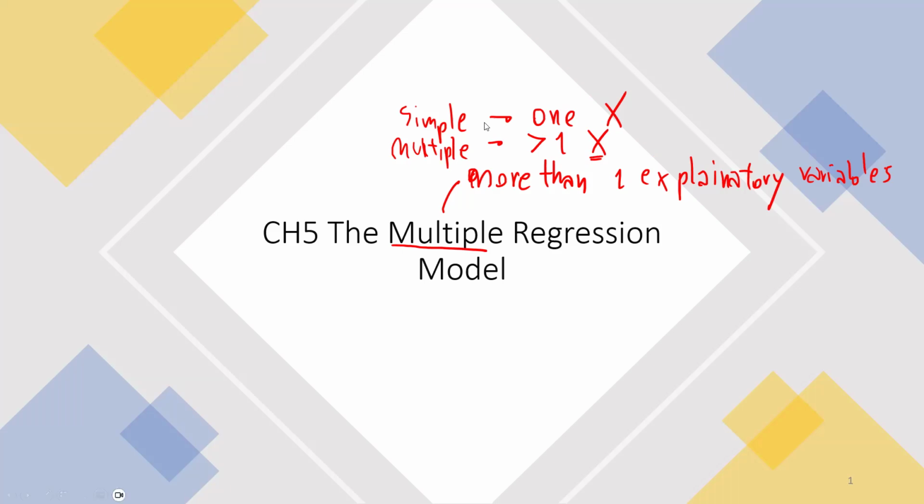Okay, so quickly review what we have learned. What have we learned so far? Okay, so we start from having the data, right? We have two data, and then we would like to see the relationship between those two variables.